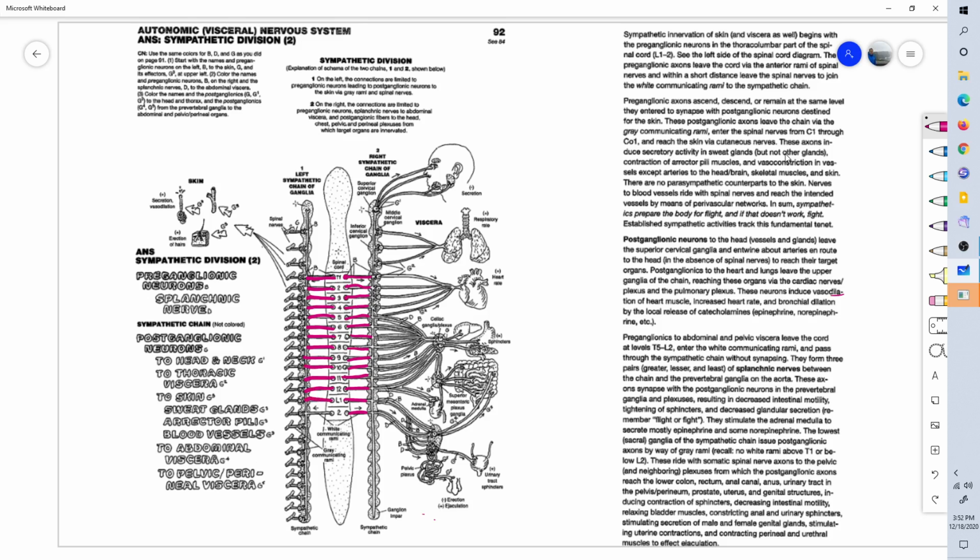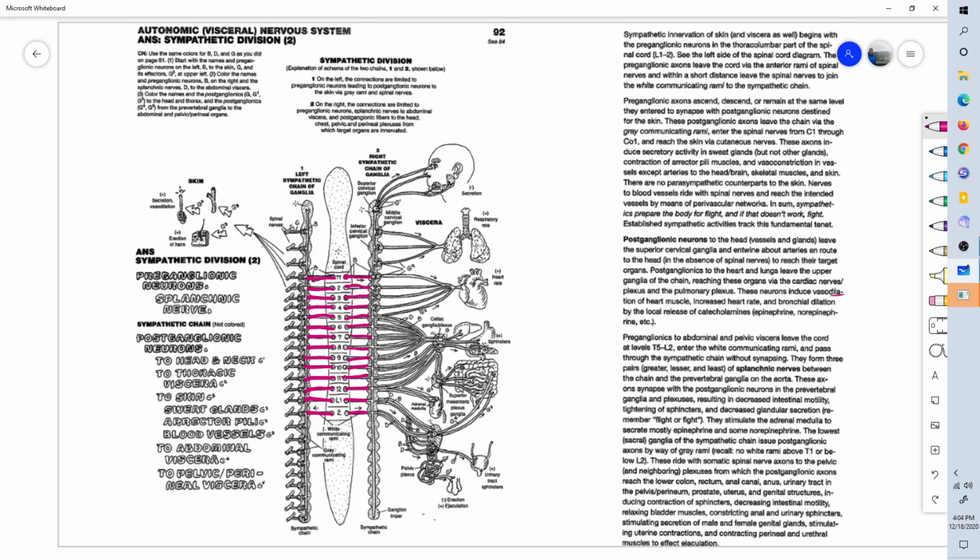There is a sympathetic trunk or a sympathetic ganglia chain on the right and the left side in front of each thoracic vertebra from T1, actually down to L2, to lumbar number 2. The postganglionic neurons, of course, are the neurons that leave the ganglion heading outward toward the body parts.